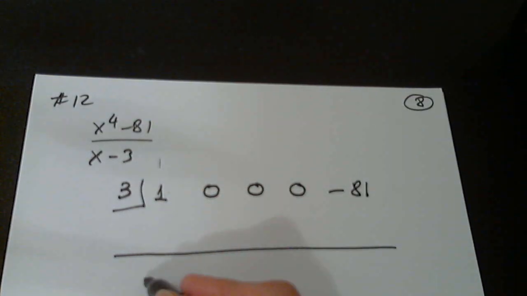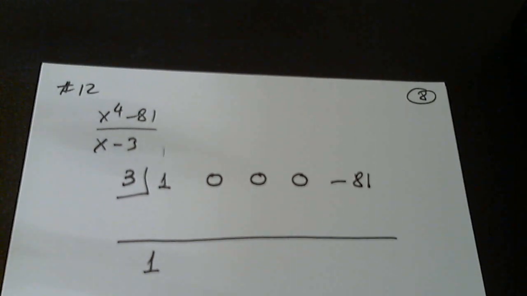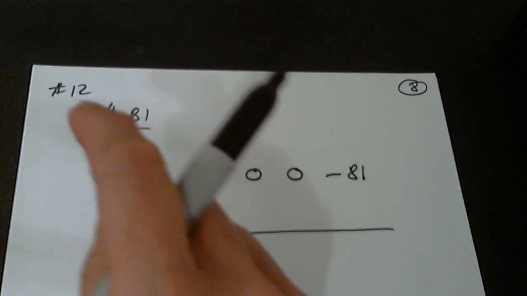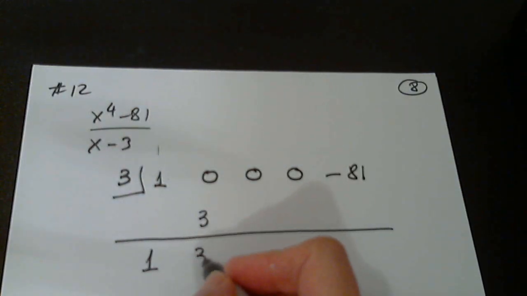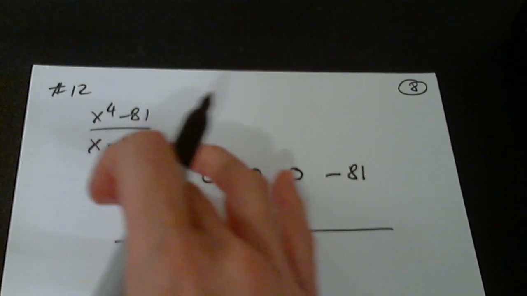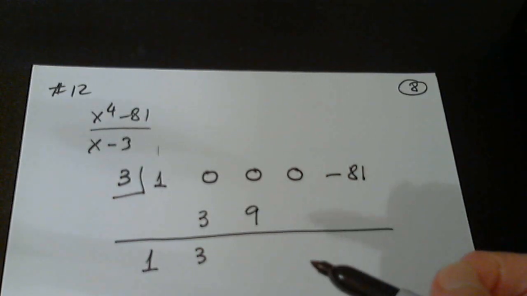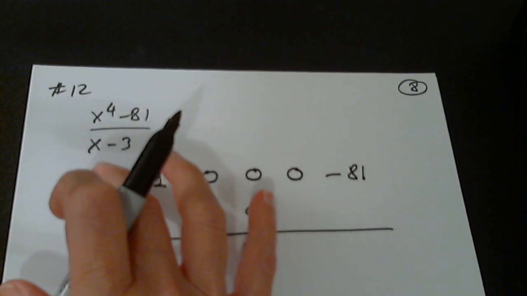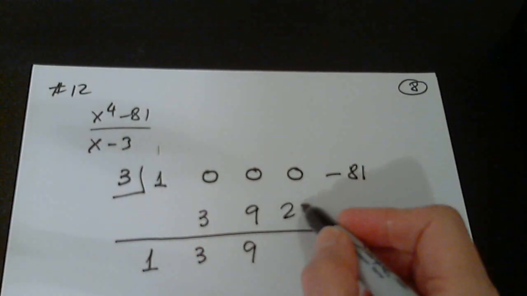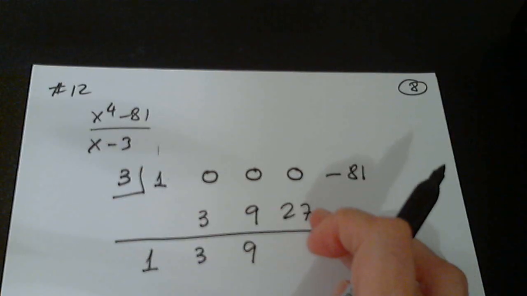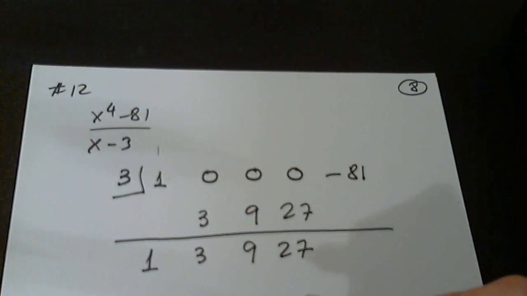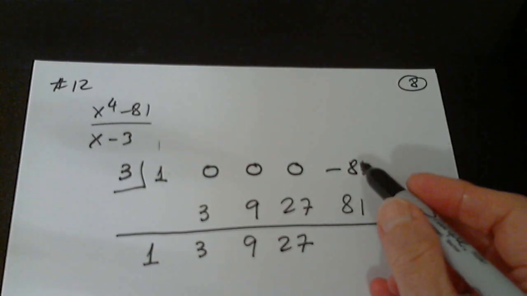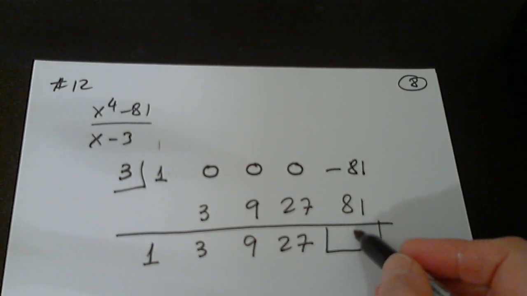Bring down the first, the leading coefficient, always. 3 times 1 is 3. 0 plus 3 is 3. 3 times 3 is 9. 0 plus 9 is 9. 3 times 9, 27. 0 plus 27 is 27. 3 times 27 is 81. Yes, nice.